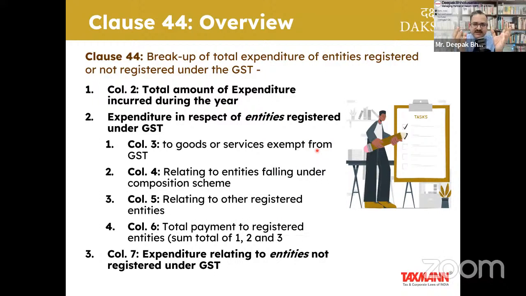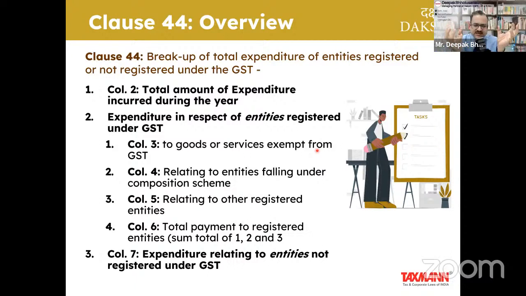Initially, we had segregated 500 rupees of expenditure, right? We said that out of 500, 400 is in relation to suppliers who are registered under GST, and 100 is in relation to suppliers who are not registered under GST. So this 100 rupees we need to disclose in column number 7.